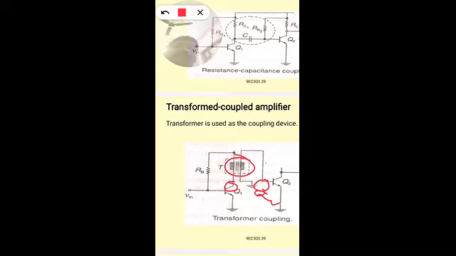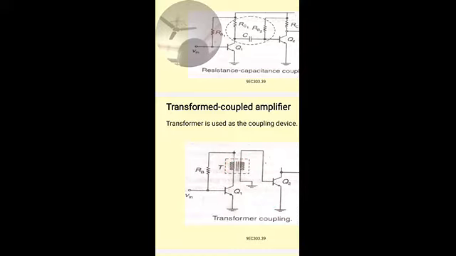So the output of the first stage amplifier which is obtained at the primary winding is connected to the secondary winding by mutual inductance, and the voltage which is obtained at the secondary winding is used as input to the second stage. So here the coupling is achieved using the transformer. So hence it is known as a transformer coupled amplifier.